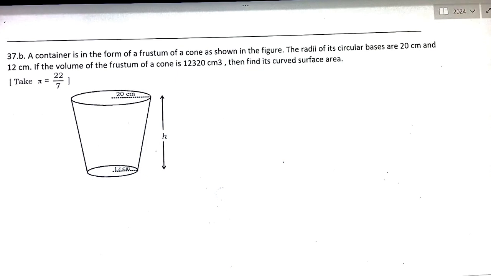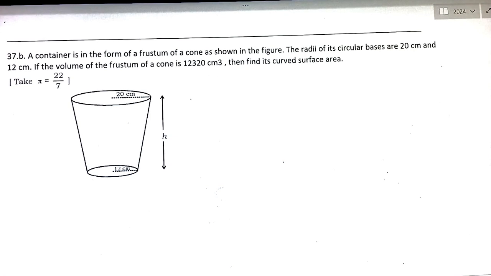So here we need to find the CSA of the frustum. Okay, so how do we find it? It's quite a direct question. What CSA of area we need to find out. So what did they give? The volume of the frustum of the cone is given.